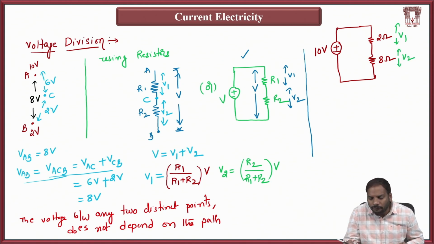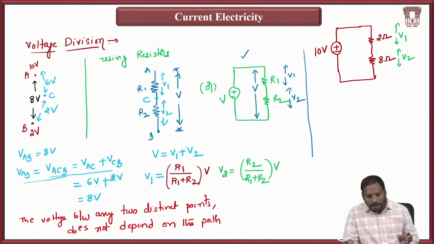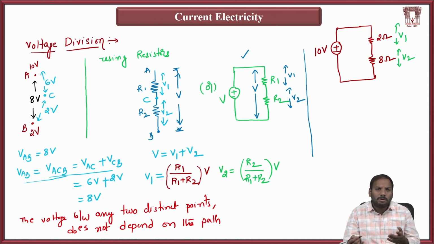If you ask me to calculate V1 and V2, I'll directly go ahead with the voltage division principle. So immediately you can ask me, there are KVL, KCL, Ohm's law, a lot of methods. Why do we need to strictly use the voltage division principle in this particular example?